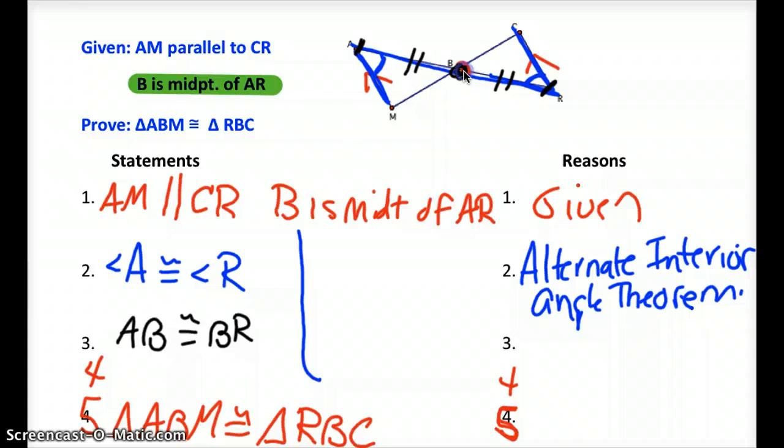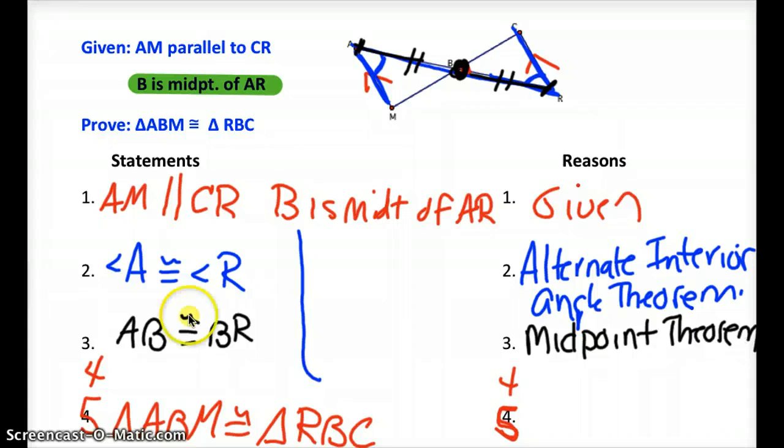Now this is smack dab in the middle, and I made these 2 pieces equal. This is midpoint theorem because of the congruent sign. Midpoint means equals. The theorem says, hey, you can also write it with a congruent symbol, and here's my congruent symbol. If you write definition of midpoint, I will take that. I'm not going to mark that wrong. All right, so I've got 2 things marked congruent.